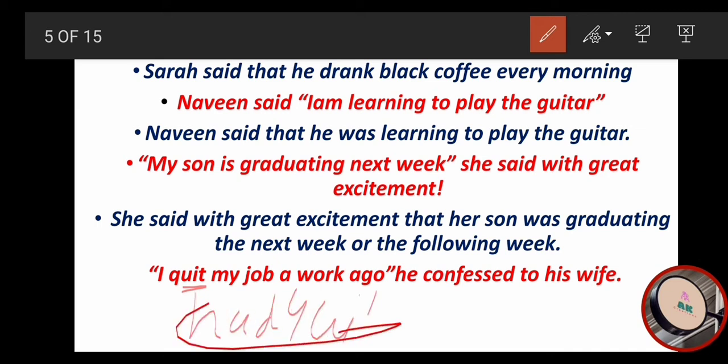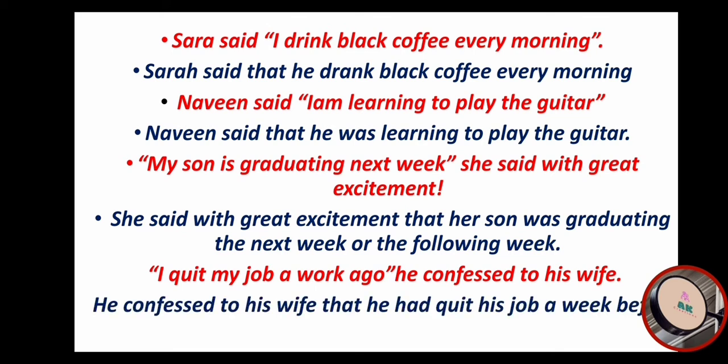My will be his. His job a week before. Instead of a week ago it will be a week before. So now we'll have a look at the answer. He confessed to his wife that he had quit his job a week before.